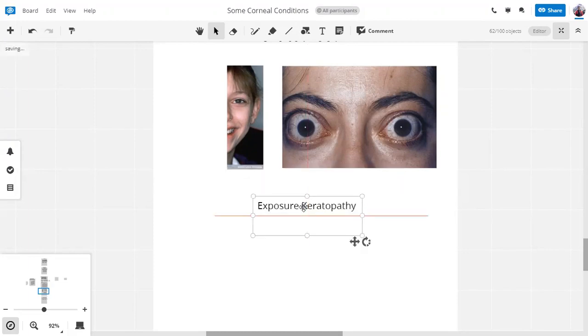Now, exposure keratopathy, if it is due to neurological causes, meaning that there is paralysis of a muscle. For example, in the case of Bell's palsy, there is a paralysis of the muscle. In those cases, it is called a neuroparalytic keratopathy. Names are pretty self-evident.